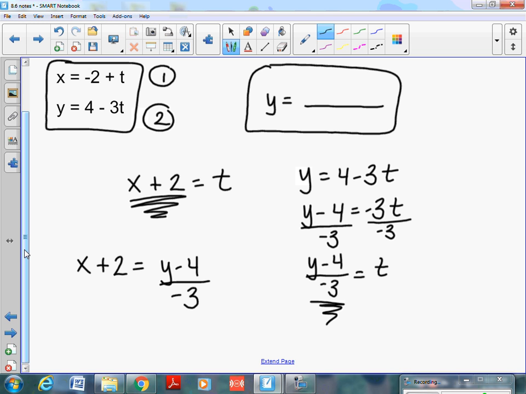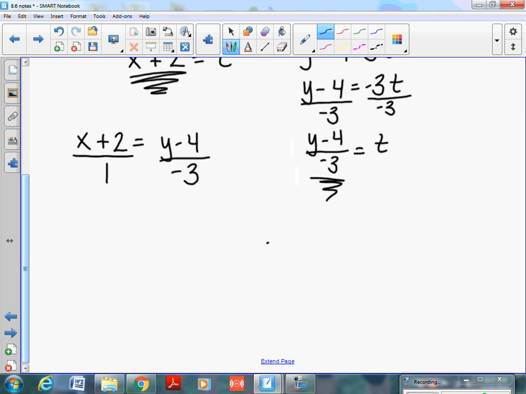All you have to do is simplify this in terms of y equals. So I'm going to put it over x plus 2 over 1, and I'm going to cross multiply. When I cross multiply, I get negative 3x minus 6 equals y minus 4. Again, I took negative 3 and multiplied it by x plus 2 and got negative 3x minus 6.